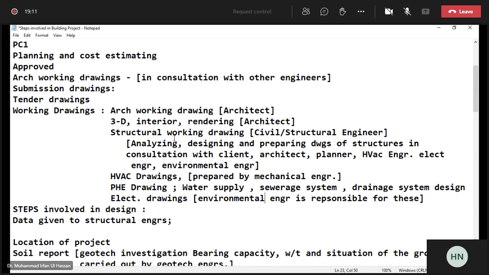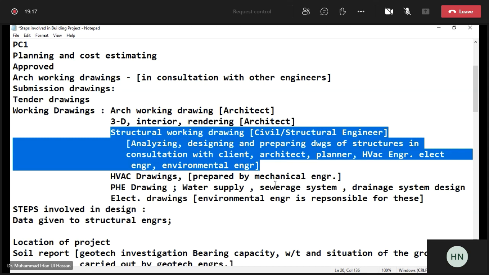The steps involved in the design: now the part is how the structural engineer is working, and why we need the interaction with the other engineers, because we have to understand where the duct is needed, where the opening in the slab is needed, where the generator is to be placed.